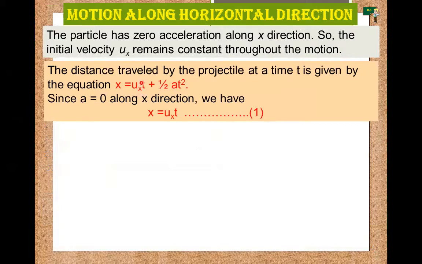Here this is the initial velocity, this is the time, and this is the acceleration. Since there is no acceleration in the horizontal direction, if you put a equal to 0 in this equation, then the equation becomes x equals ux into t.